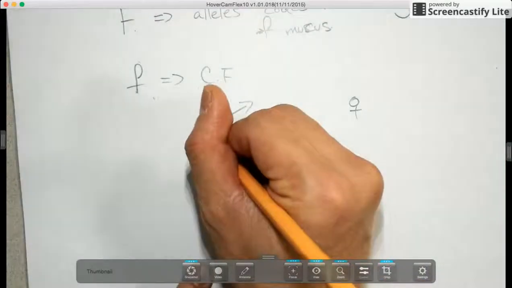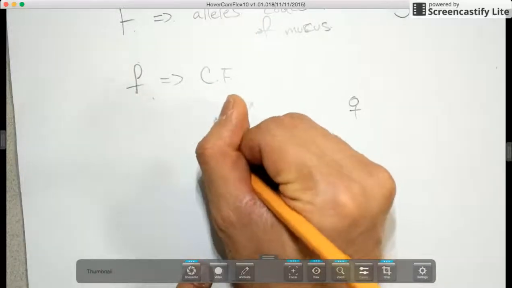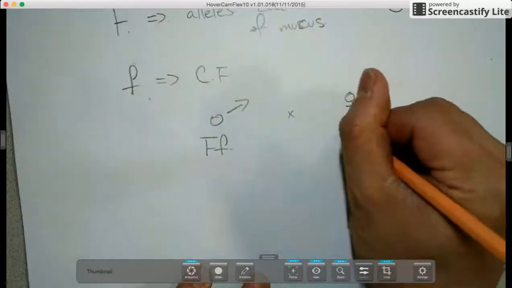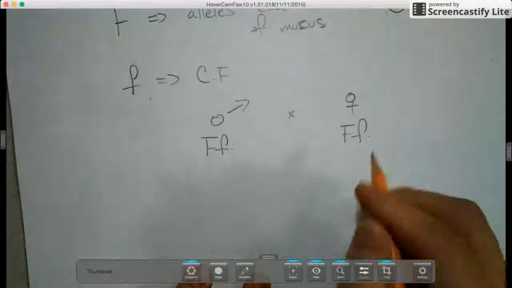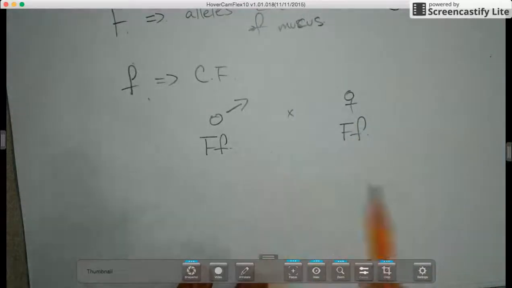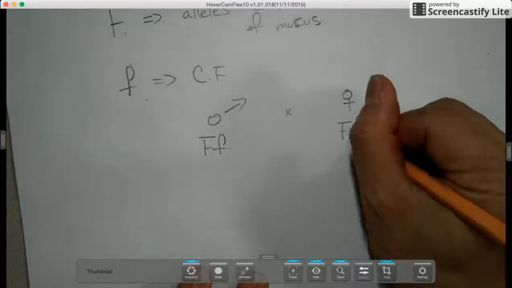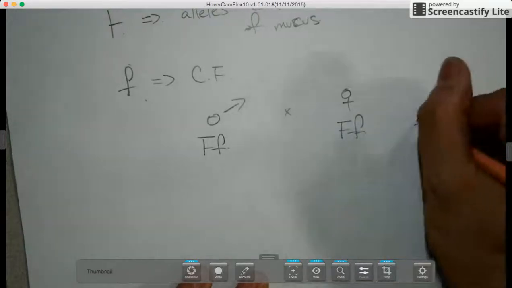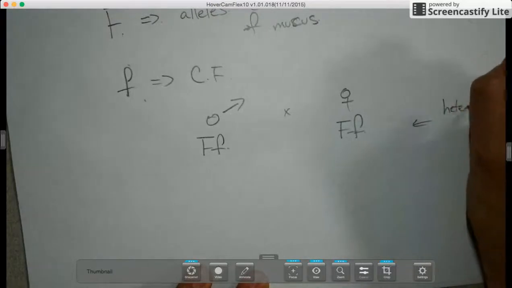So I'm going to make it fun, and both of them contain a big F and a small f. If you have a big letter and a small letter, what is the term for that? Heterozygous. Okay, so these are both heterozygous.